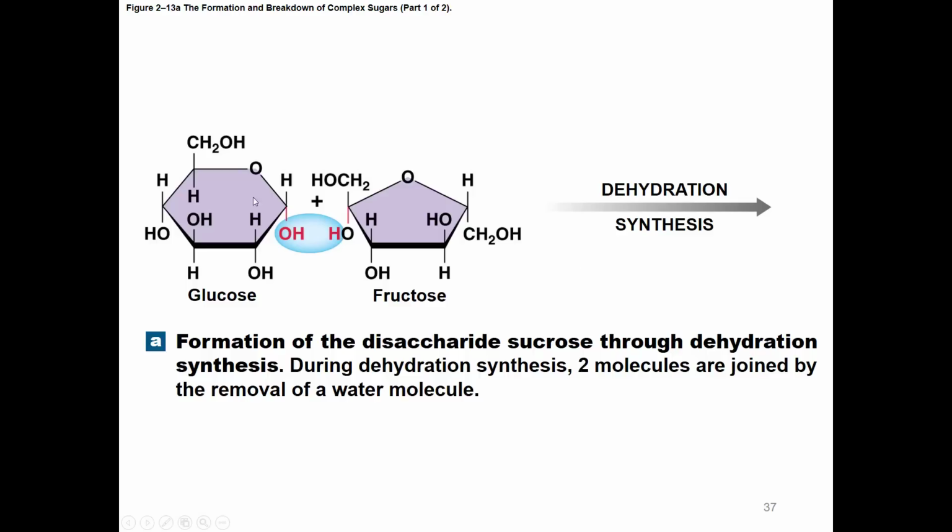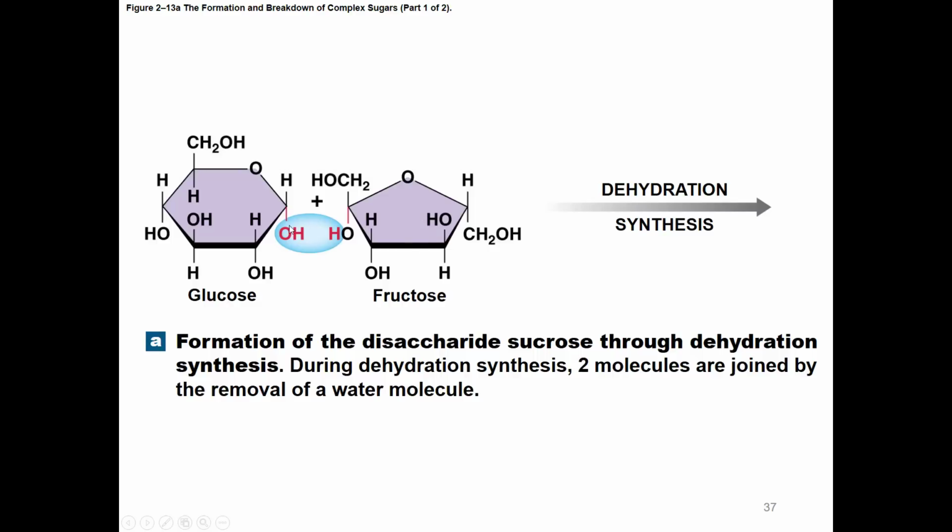So in this picture, we have on the left a glucose, and on the right, we have a fructose. So these are two monosaccharides. And if we want to combine these two monosaccharides to make a disaccharide, then we will need to dehydrate them or remove water.